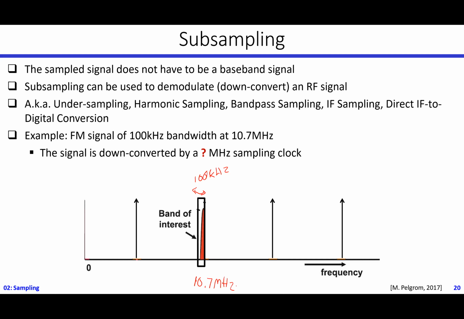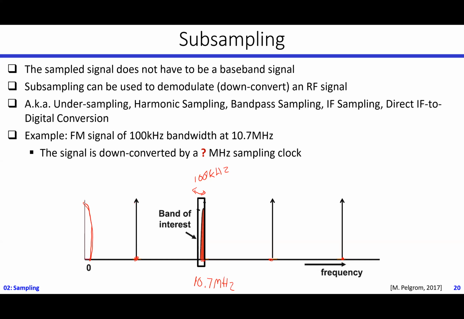So how can you return it back to the baseband, bring it here? What should you select as your sampling frequency? In this case, it's going to be sub-sampling, it's not a real sampling.